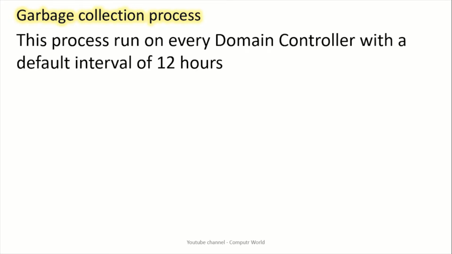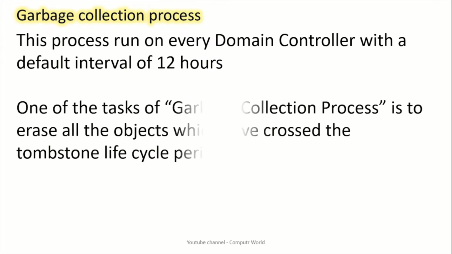This is a process which runs on every domain controller at an interval of 12 hours, and this is a maintenance process on the Active Directory database. It runs every 12 hours, and one of the tasks of the garbage collection process is to erase all the objects which have crossed the tombstone life cycle period.